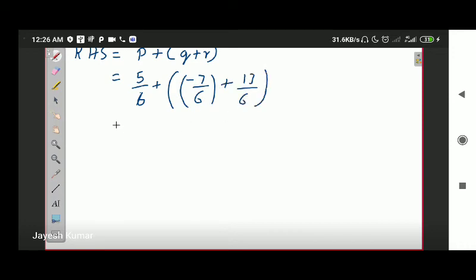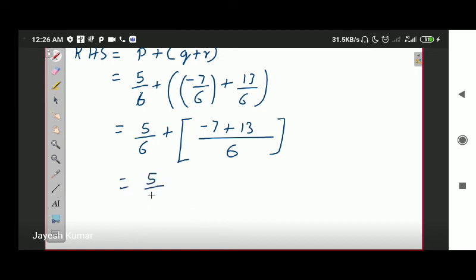Okay, so first of all, once again, according to BODMAS, we are going to solve the bracket first. Inside the bracket, since the denominators are the same, we make 6 as the common denominator and write down the numerators as they were. So on solving this, you will get 13 and minus 7, that is 6 upon 6. I am not going to cancel out 6 upon 6.